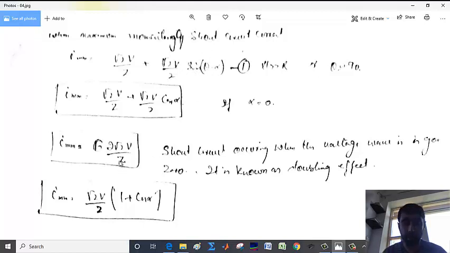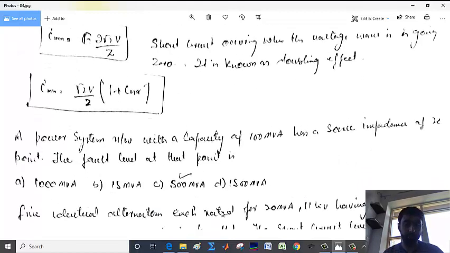So to avoid this, we will never open the circuit breaker at the peak of the voltage. That means theta minus alpha is equal to pi by 2. We'll always switch it at alpha is equal to theta, so that this momentary current or transient current will be equal to zero.